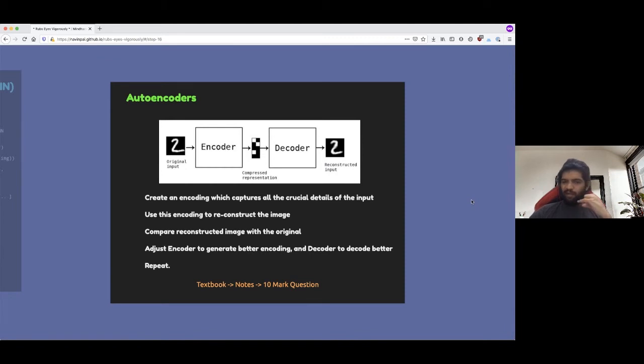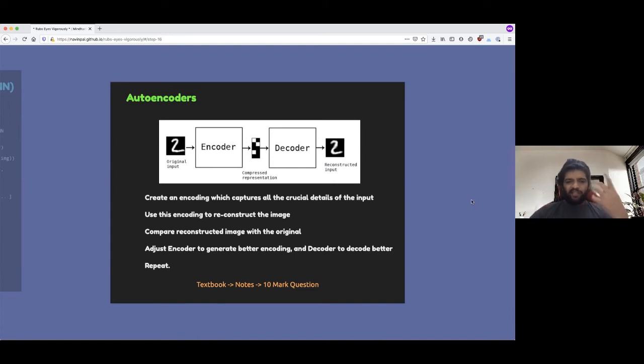Now that encoding can be a bitwise encoding, it can be a set of tensor variables, it can be anything that you want depending on the use case that you're trying to examine. But what an encoder basically does is it tries to capture as much information as required from the original input, so that the decoder, which looks at the compressed input, can try to reconstruct the output.